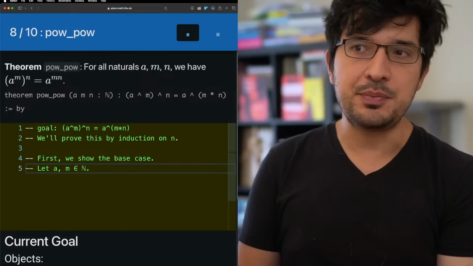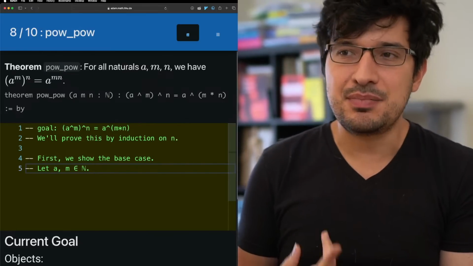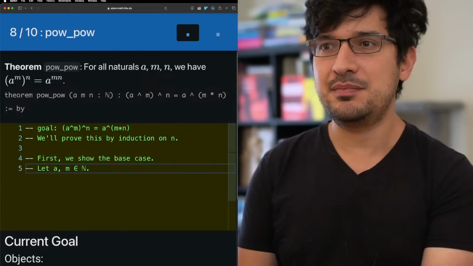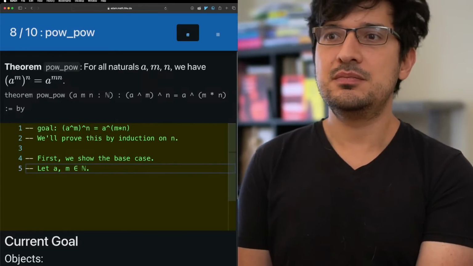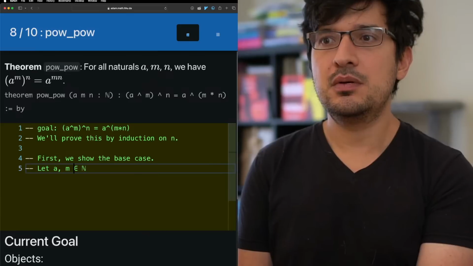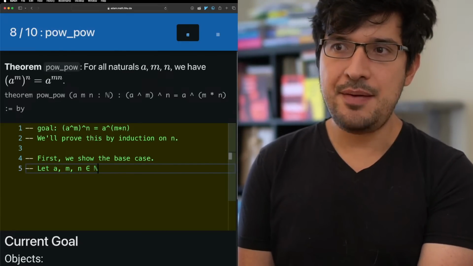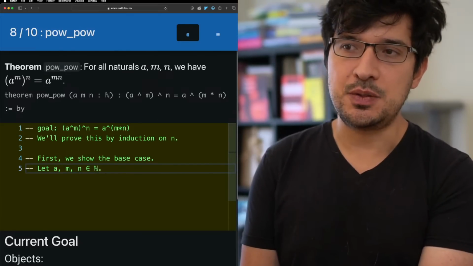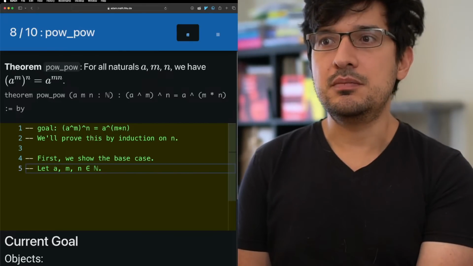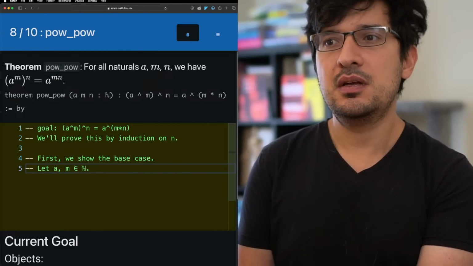Those two sentences mean the same. I'm okay with element and blackboard N, personally. Let a and m be natural numbers. Well, I guess all of them. Let a, m, and n be natural numbers. Oh, wait, no. I knew what I was doing.